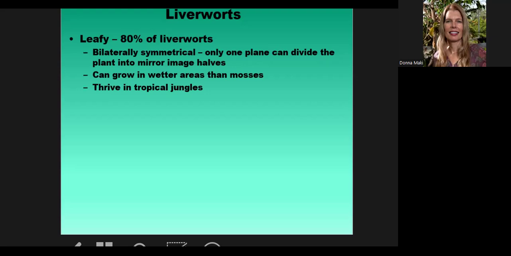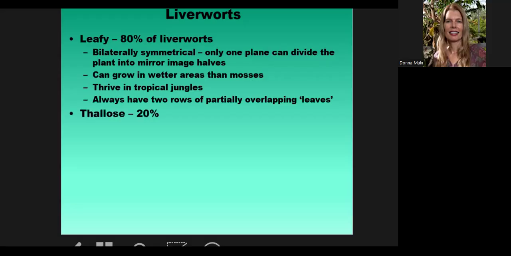They like to be pretty wet. They're really abundant in tropical environments. And you look for this pattern of two rows of leaves that partially overlap in the middle. That is another dead giveaway. Look for that and bilateral symmetry, and then you know you have a liverwort, not a moss.